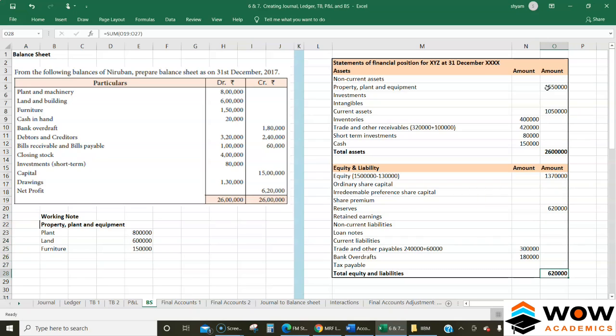We shall also add the current liabilities, which come to a total of 4,80,000. So our balance sheet is not tallying again.